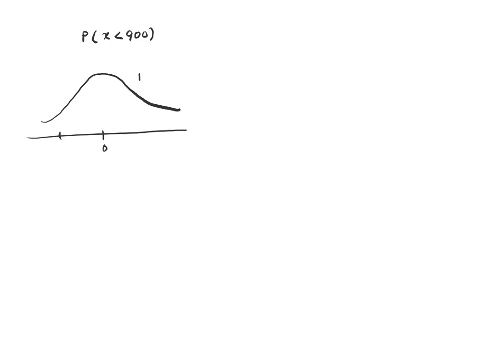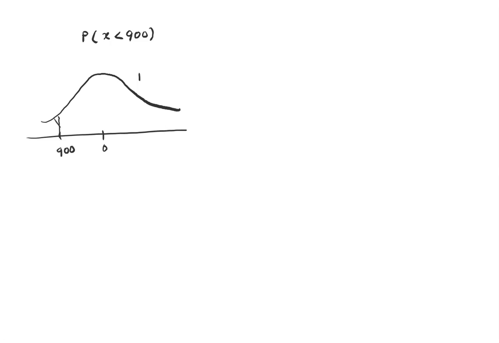So let's go ahead and do it. Find the probability that someone makes less than 900. Again, we're going to draw this. So 900 is going to be right here.